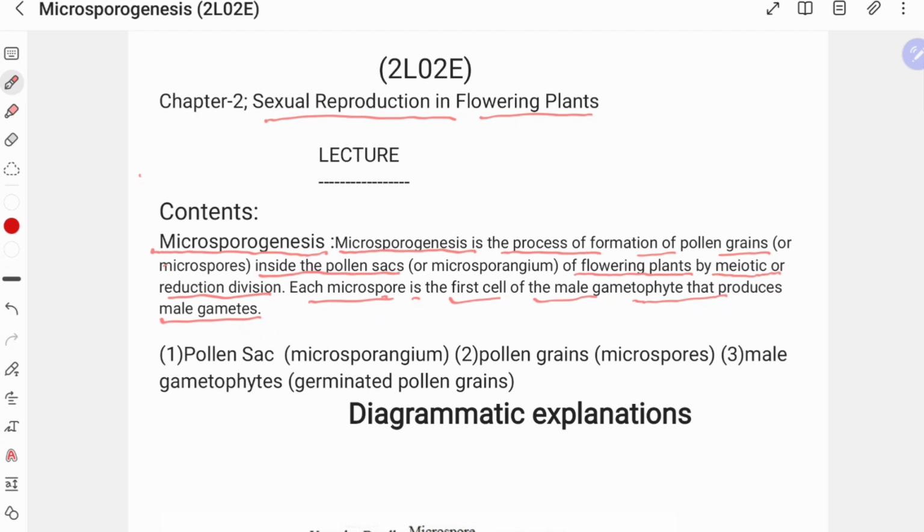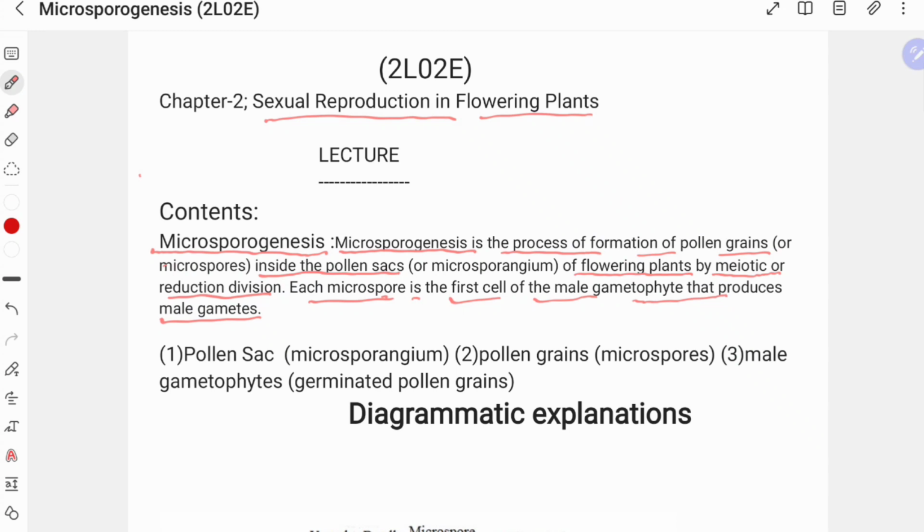How will you understand this? Let us see the steps which lead to the formation of microsporogenesis.